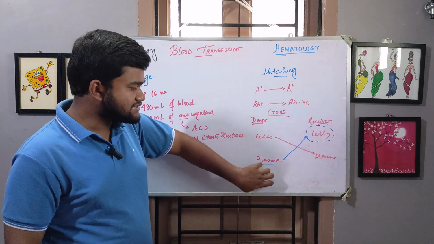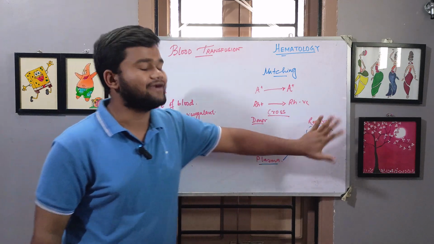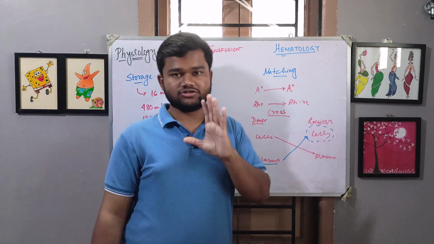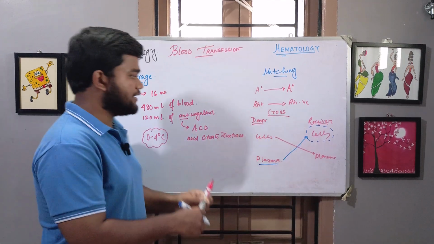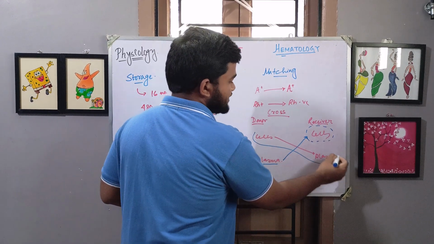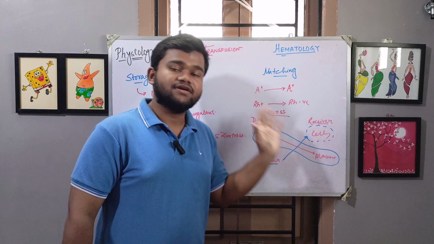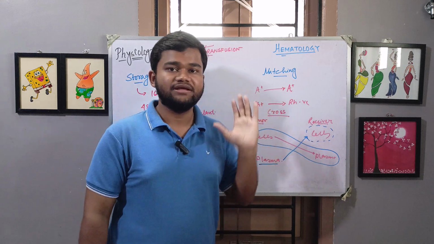As a result, matching the plasma of the donor with the receiver's cells is said to be a minor cross matching. But matching the cells of the donor with the plasma of the recipient is a major cross matching that needs to be checked.